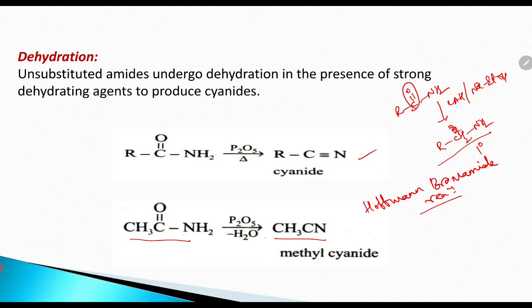In this reaction, an amide is treated with an alkali and bromine, which gives rise to a primary amine. Suppose, for example, you take acetamide on reaction with bromine in the presence of an alkali, for example NaOH, it gives rise to a primary amine.